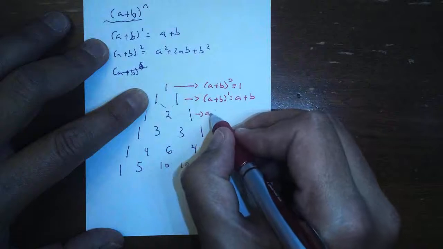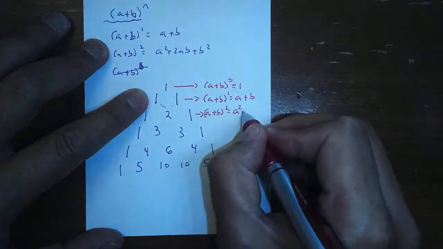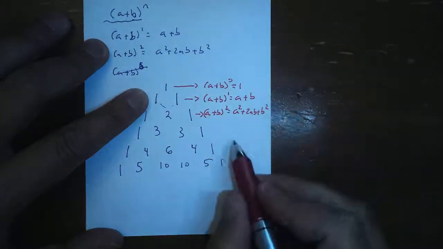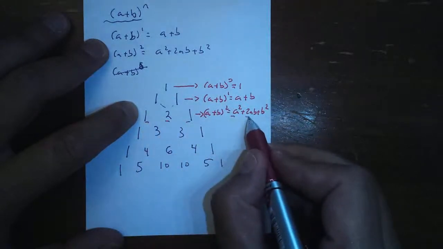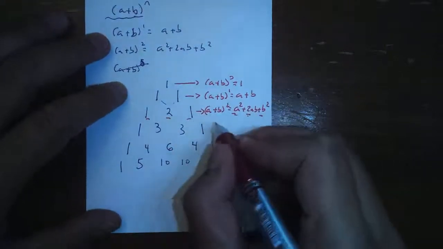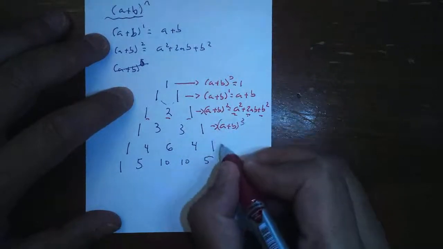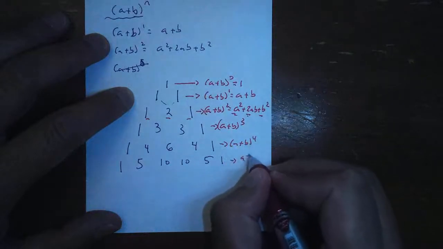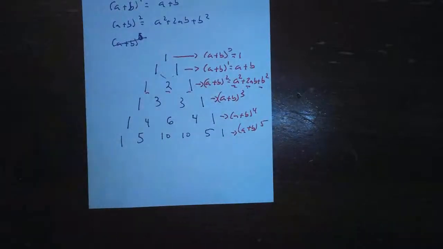Over here, this is our a plus b squared, which is going to give us a squared plus 2ab plus b squared. So if you notice, these numbers give us our coefficients, 1, 2, 1. And we're going to talk about how we can generate this. So right here, this could be considered a plus b to the third. This would be a plus b to the fourth, a plus b to the fifth, and so on and so forth. So how do we apply this?